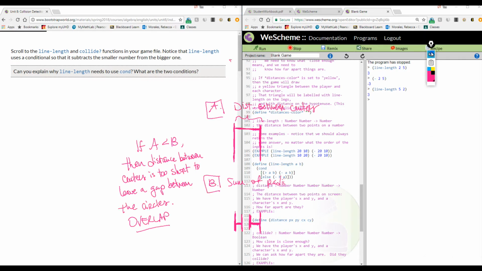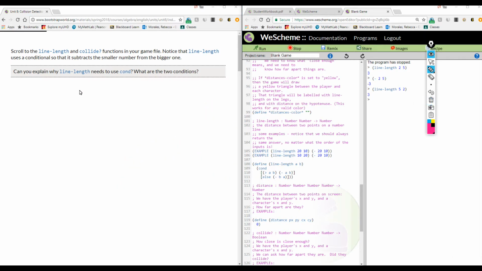We have A equals 2, B equals 5. If A is greater than B, then it will do A minus B, meaning 2 minus 5.